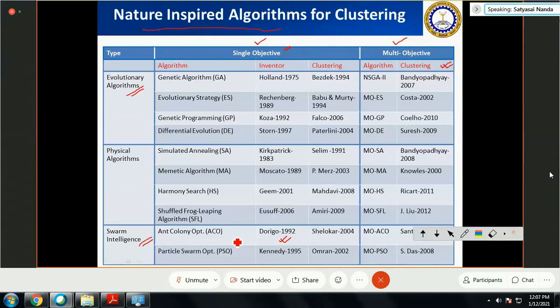Then many multi-objective versions of this ant colony optimization have also been developed and applied for clustering applications.